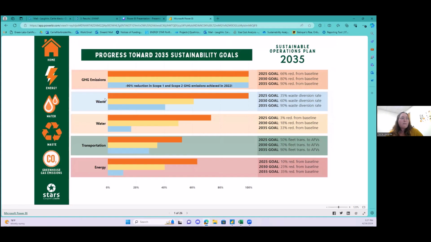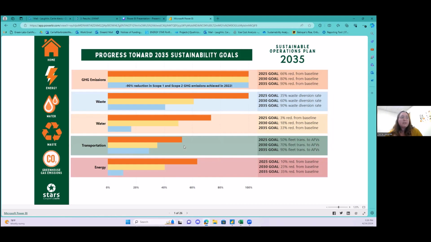We are on track right now to hit our goals for waste. We've already achieved our 2025 goal. And you can see, we're making steady progress towards the other goals. Our transportation goal is probably going to be the hardest one to hit because vehicles tend to have a really long lifespan and they are a huge initial investment.